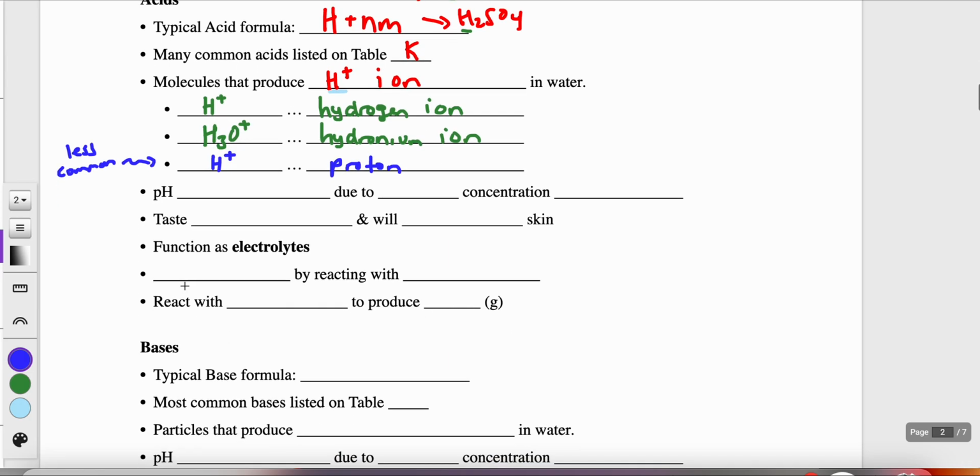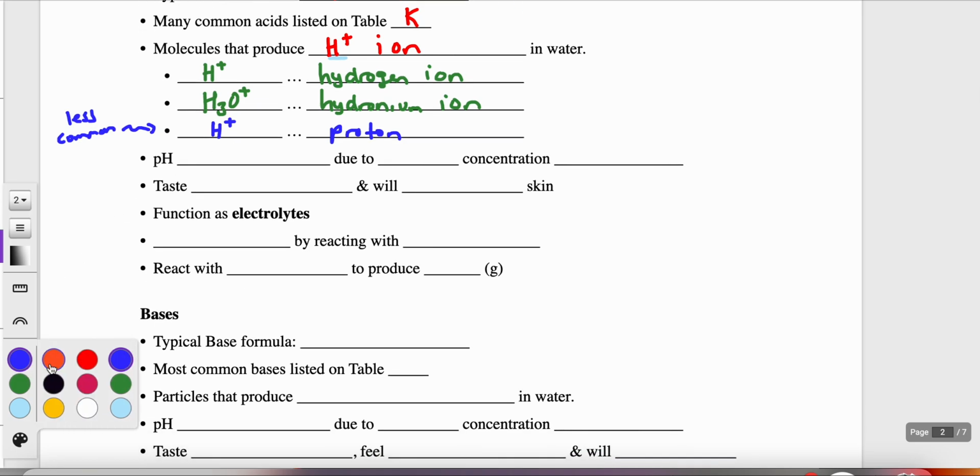Okay, so now pH. The pH scale would be something that you have heard of and maybe worked with a little bit. Okay, but an acid has a pH value that is less than 7.0. So if the pH value is less than 7.0, then we realize it's an acid.